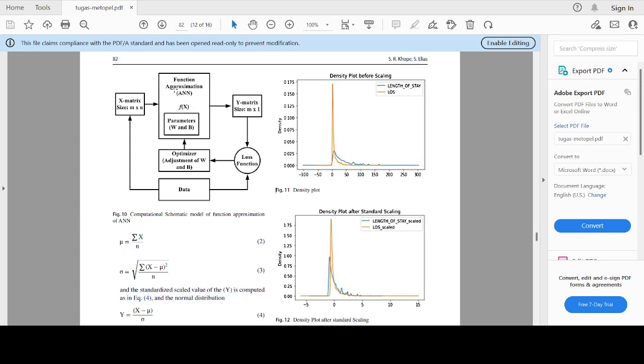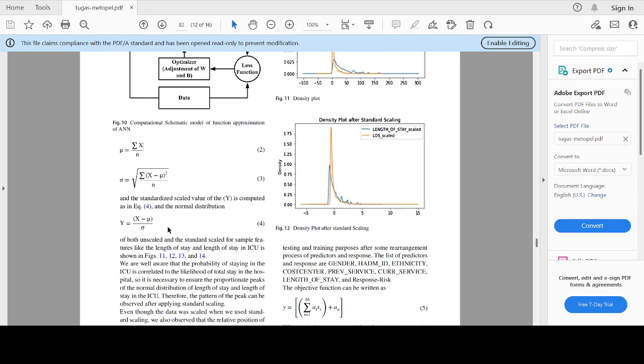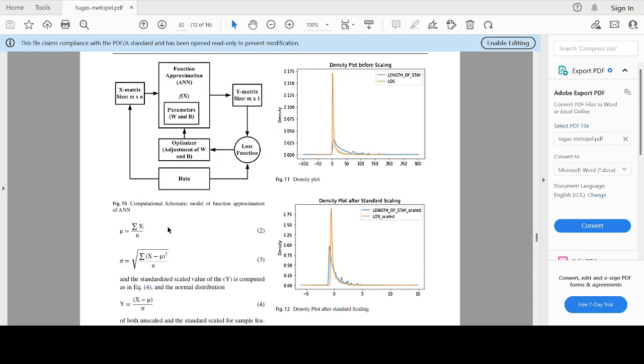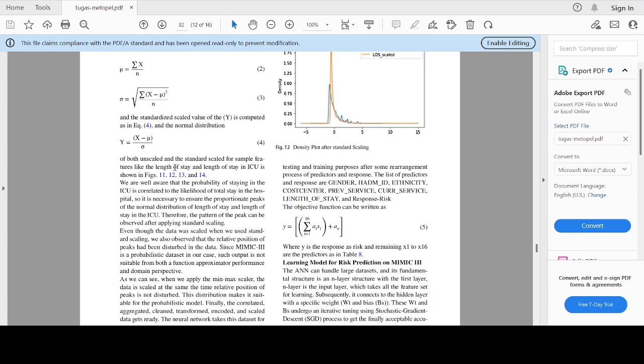But I think ANN is the main focus because this is the flow that we see. This is the city plot. Okay, so many features. Important scale and the standard scale for sample features.